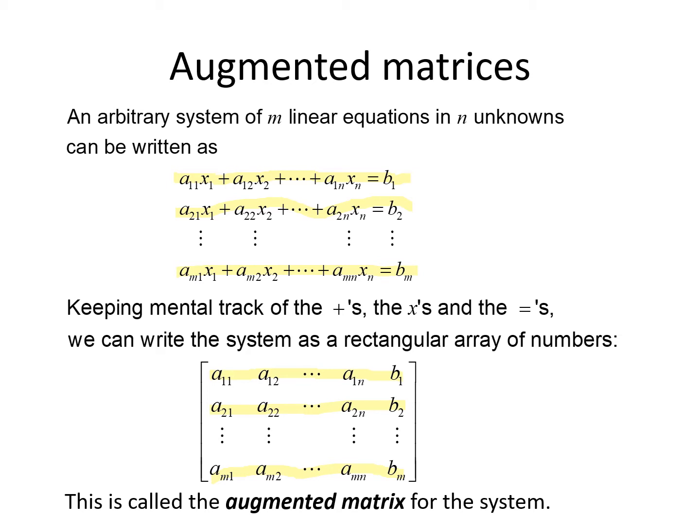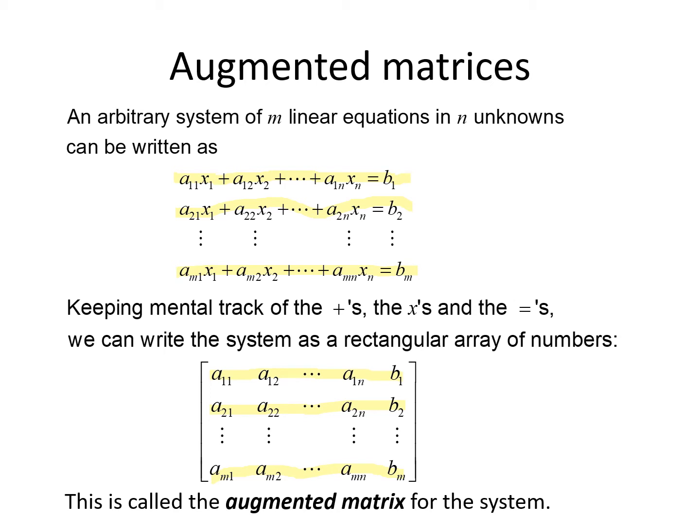For example, here we have the system of equations a11x1 plus a12x2 plus dot dot plus a1n xn equals b1, which is the first equation. a21x1 plus a22x2 plus dot dot plus a2n xn equals b2.